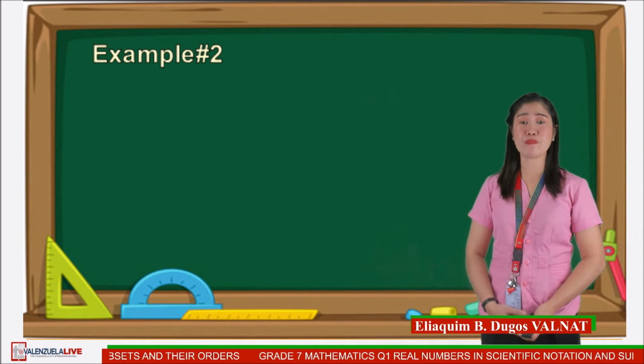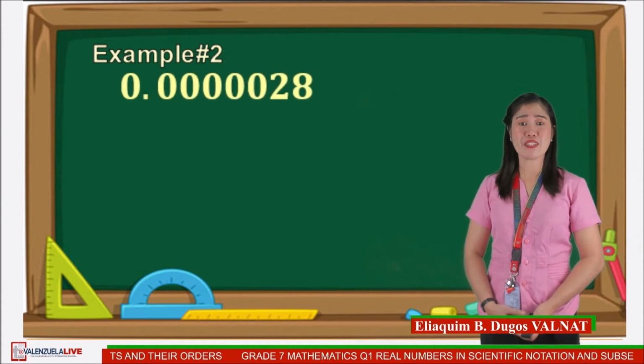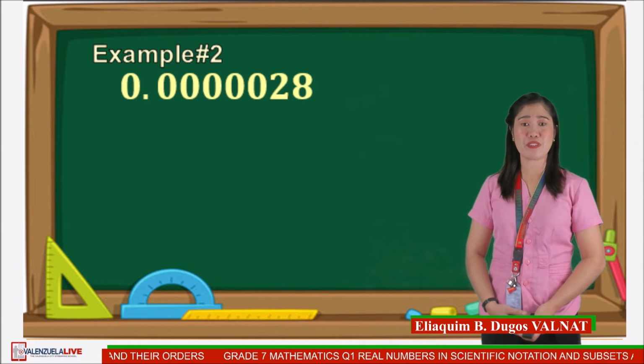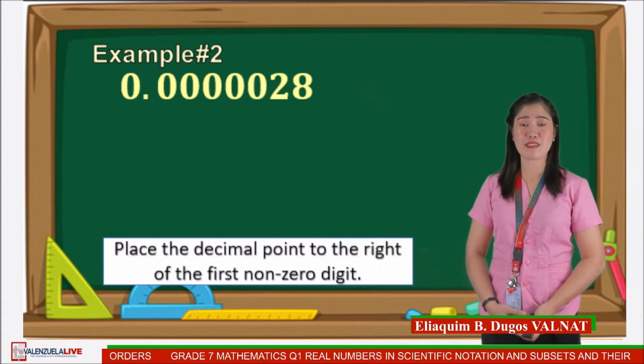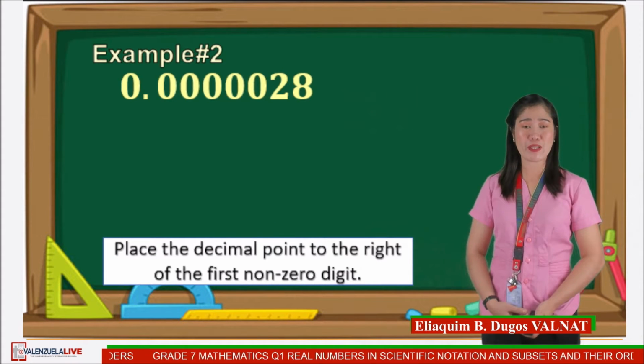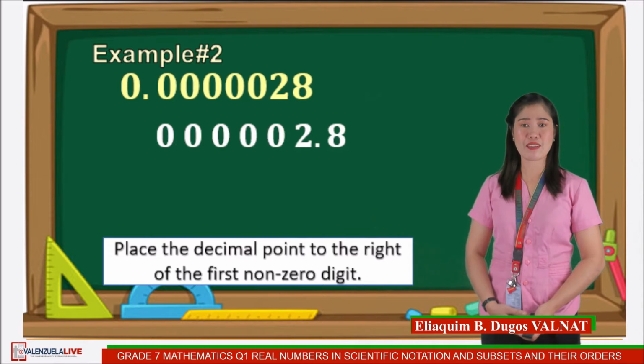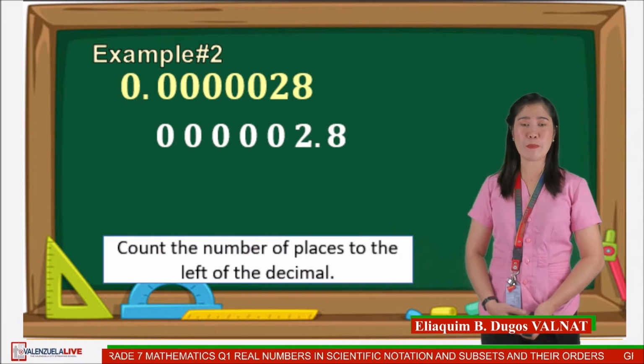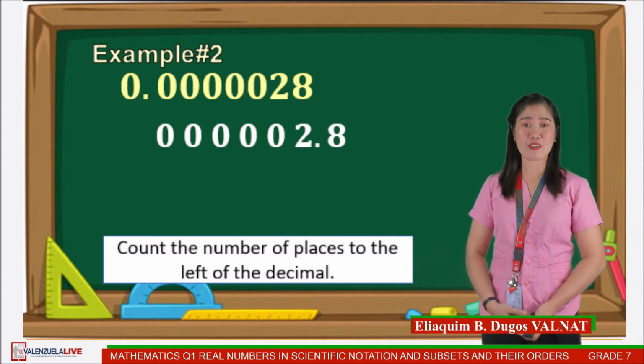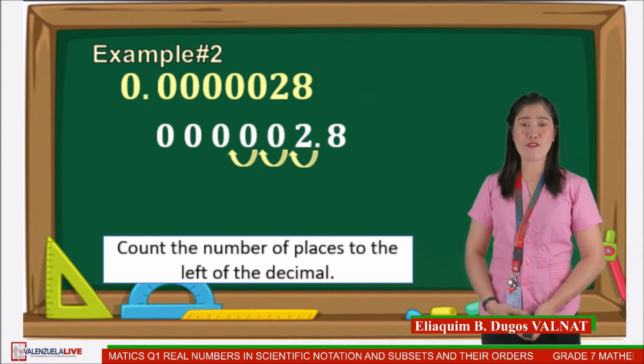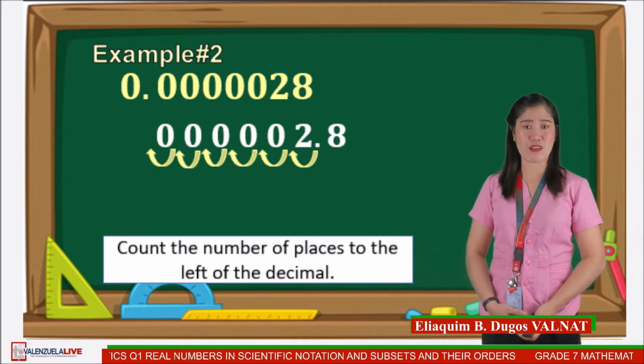Example number 2. Write 0.000028 in scientific notation. First, place the decimal point to the right of the first non-zero digit. Next, count the number of places to the left of the decimal. Let's count the number of places. 1, 2, 3, 4, 5, and 6.